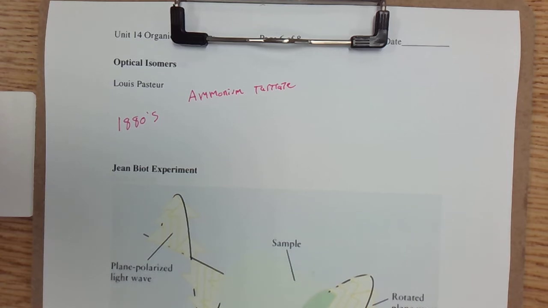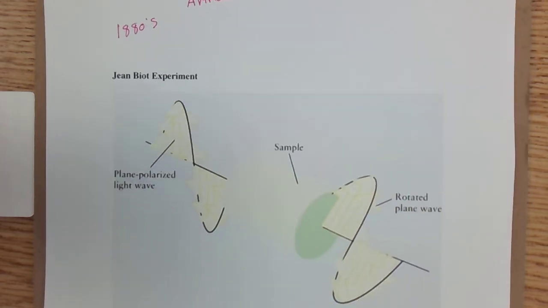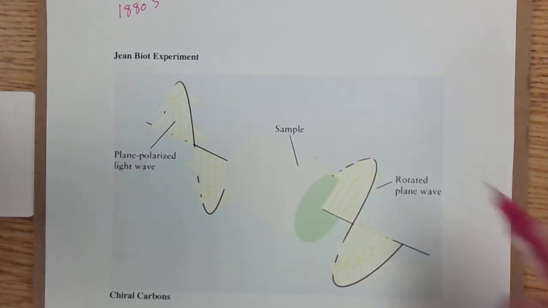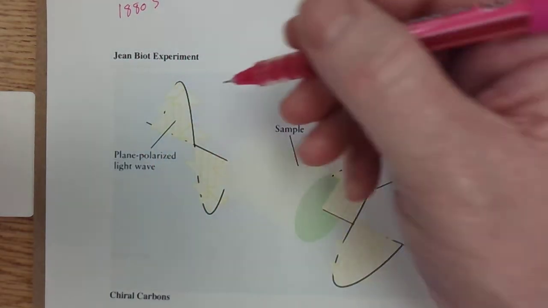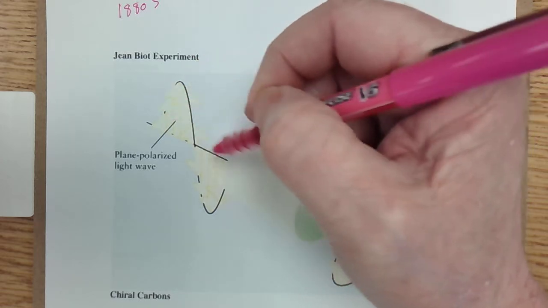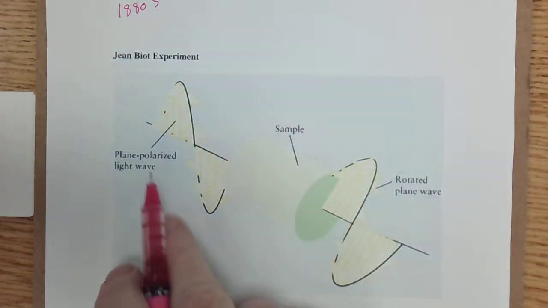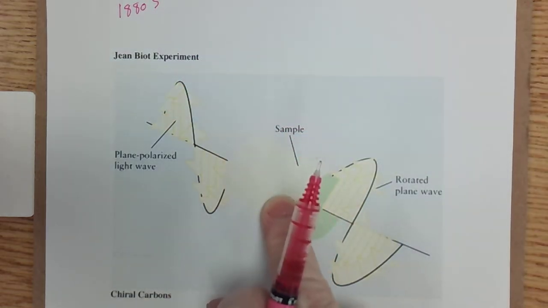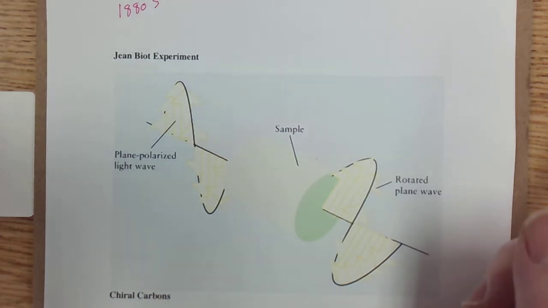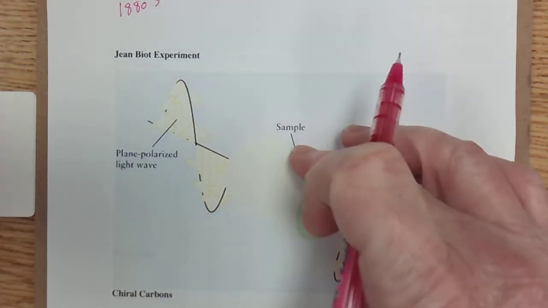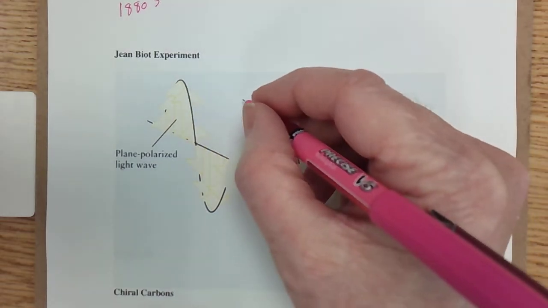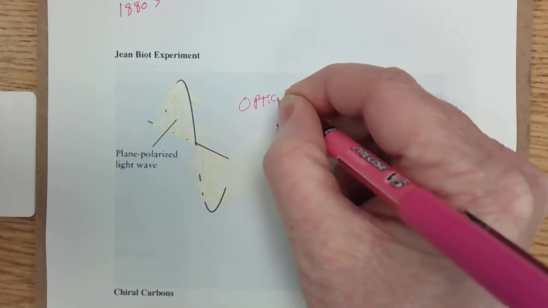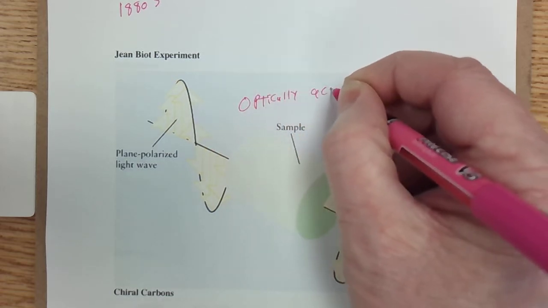Now today, we have a slightly more advanced way of looking at it. It came about because of something called the Jean-Biot experiment. If we take plane polarized light, okay, comes in, hits a sample, and the sample rotates the light, so it comes out with a different orientation, we know that we have something that is said to be optically active.